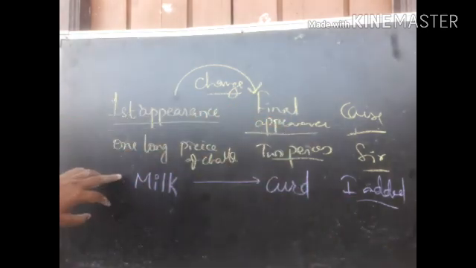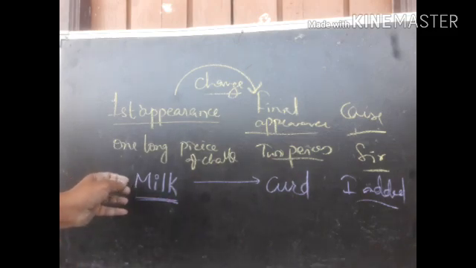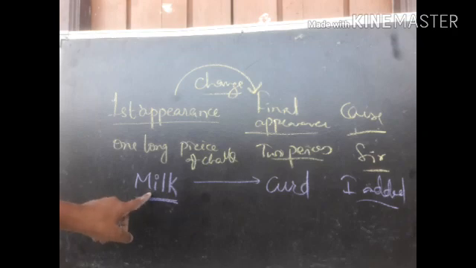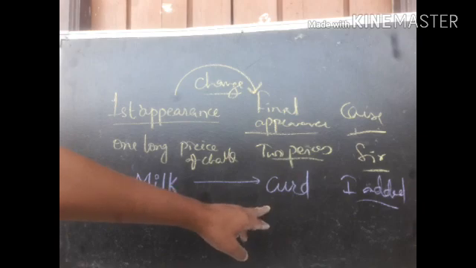But here, what is the first appearance? The milk is liquid and it is somewhat normal white or creamy in color. It is totally liquid. Whereas what is the final appearance? It becomes somewhat solid, semi-solid or solid. The liquid becomes solid.